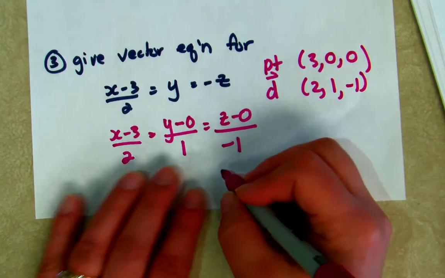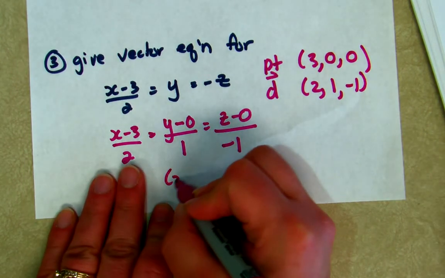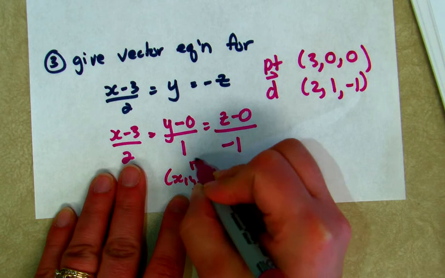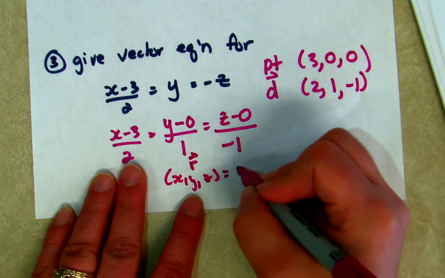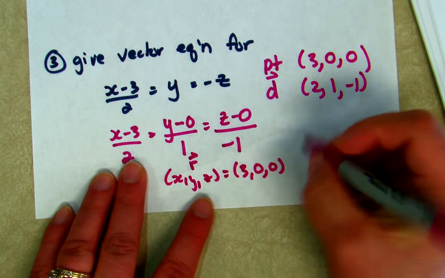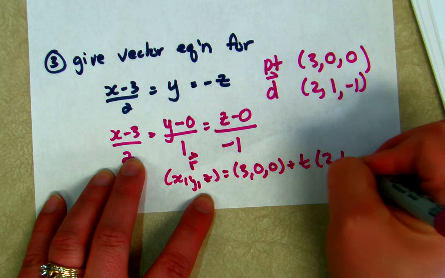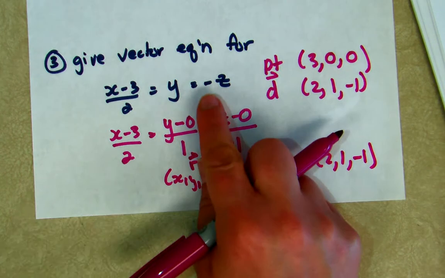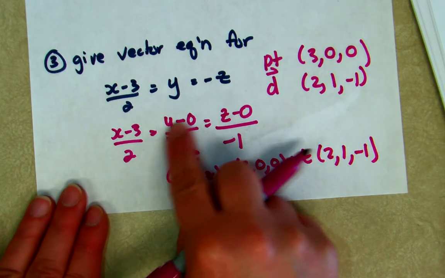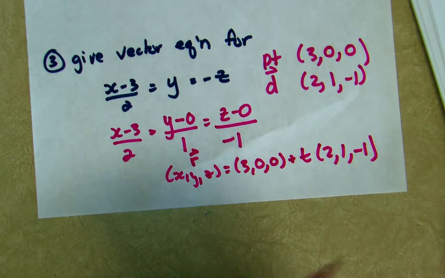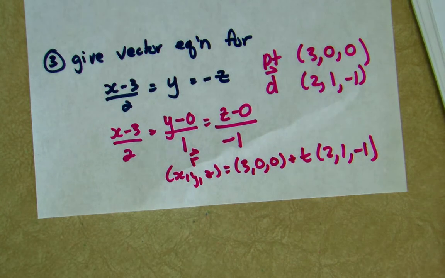So now my vector equation becomes x, y, z, or some people just call that r, it's the same thing, is 3, 0, 0 plus t times 2, 1, negative 1. So symmetric, sometimes you have to think about the information that you're not seeing in order to get it and use it.